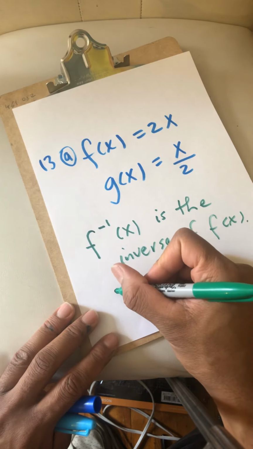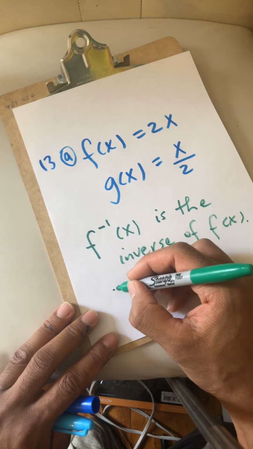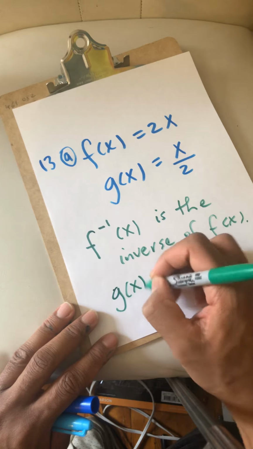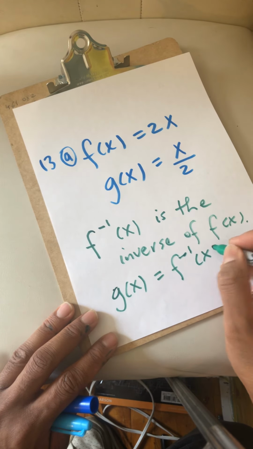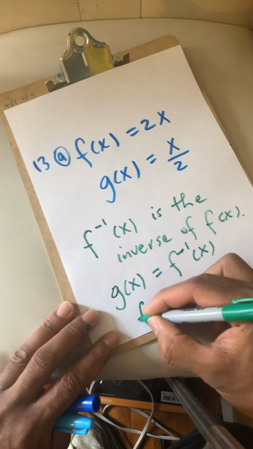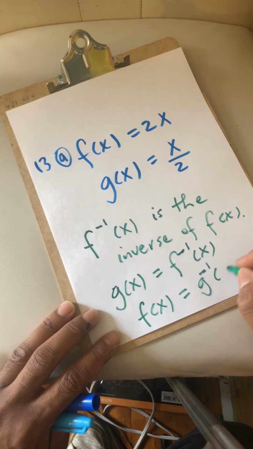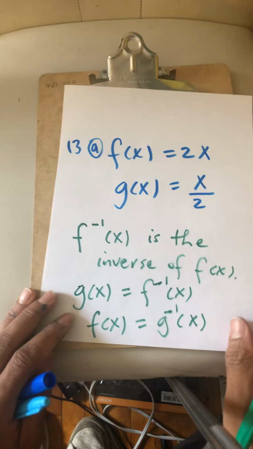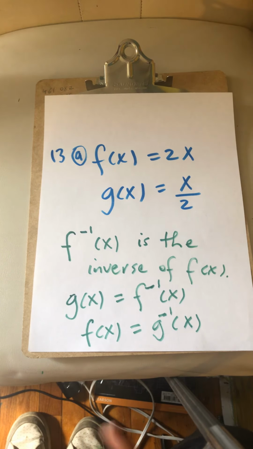I'm making a claim that g of x is equal to the inverse of f. I'm also making a claim that f of x is the inverse of g. Again, I'm doing this for the future mathematicians here. Don't worry too much about what's in green. We're going to get back to the blue stuff, all right?